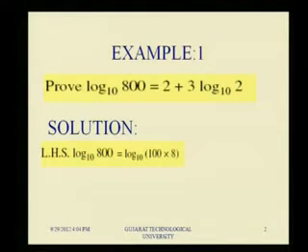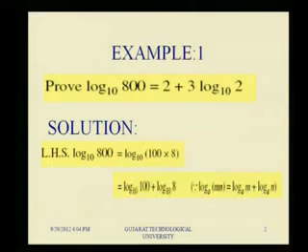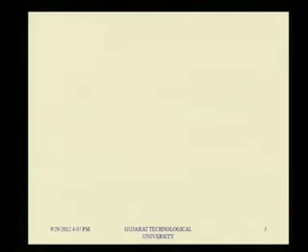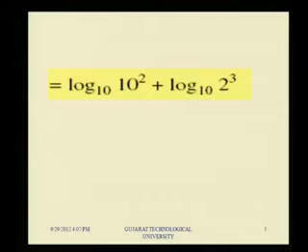It is given that log base 10 of 800 equal to, we can write log base 10 of 100 into 8, that can be written as log base 10 of 100 plus log base 10 of 8, using the property of logarithm, log a into b is log a plus log b. That can be written as log base 10 of 10 square plus log base 10 of 2 cube.